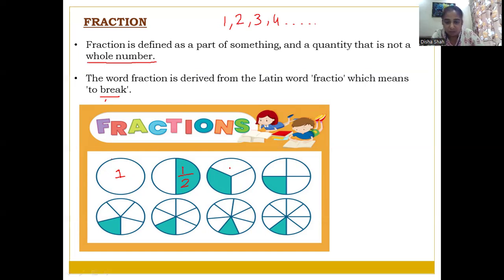Now here in total there are 3 parts, 1, 2 and 3, and out of 3 parts, one part is blue. So this is called 1/3. Here out of 4 parts, one part is blue, so that is called 1/4. Here out of 5 parts, one part is blue, so that is 1/5. Similarly, this is 1/6, this is 1/7, and this is 1/8. So these are all fractions.